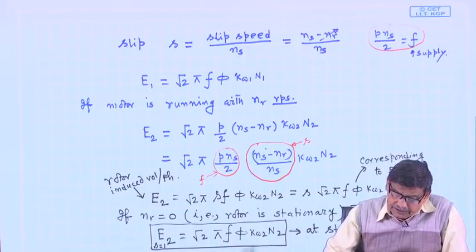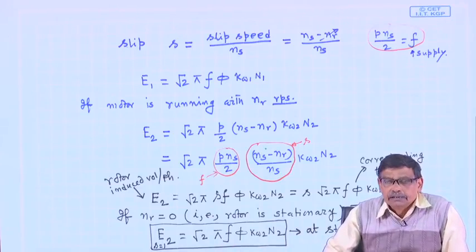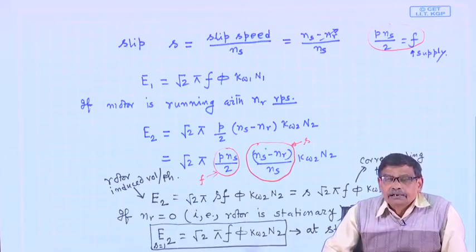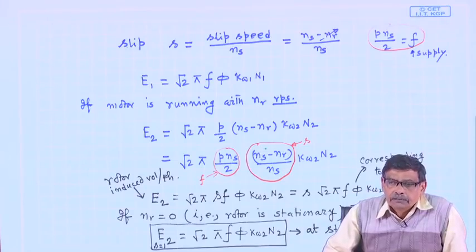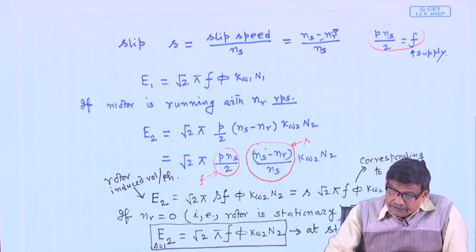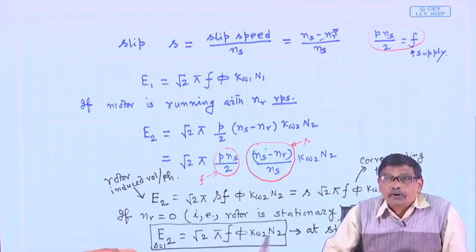Often the rotor speed is not directly expressed. They tell you, okay, the machine is running with a slip 0.05. It means that (n_s minus n_r) by n_s is 0.05.